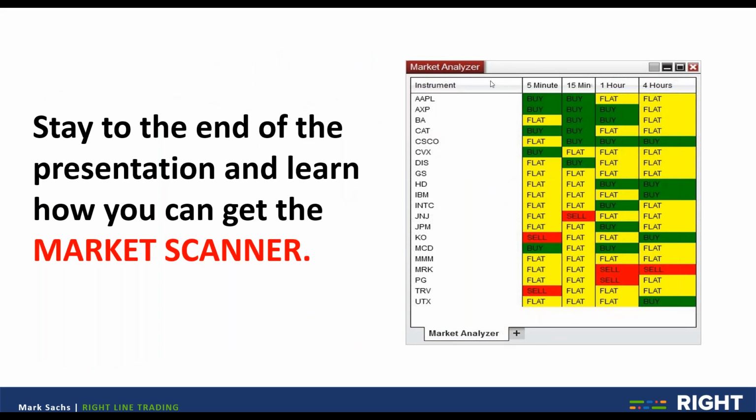Now, I just want to show you that this is the market analyzer, and this is going to give you a revolution signal. You can look at the whole NASDAQ 100. You can look at 25 futures markets if you can find 25. You look at 12 to 15 to 18 Forex pairs.